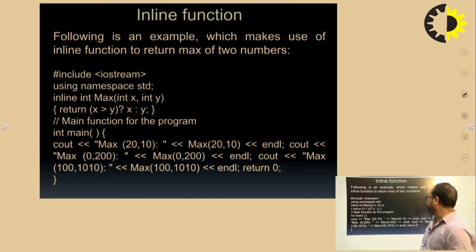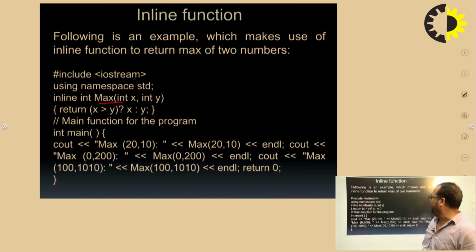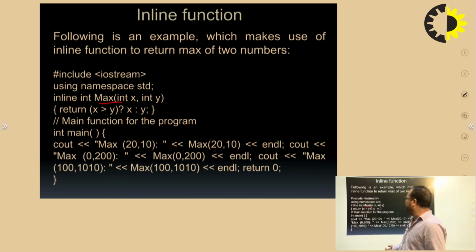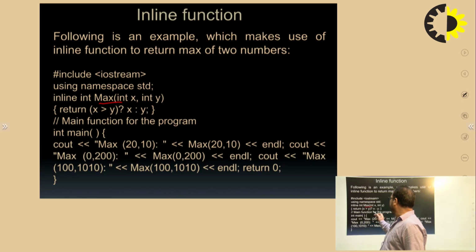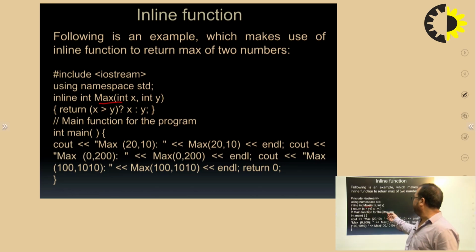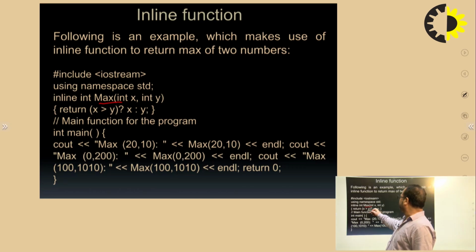Like here, say max is a function which is going to return an integer and it takes 2 arguments. We have simply made this max function an inline function. So we just see that where it is called, we have defined it right here, meaning return x when it is greater than y, or y.